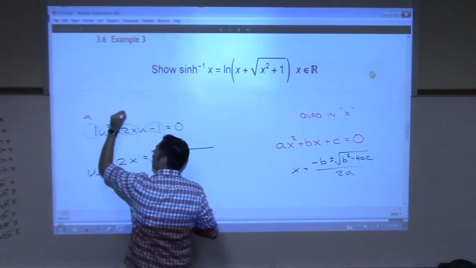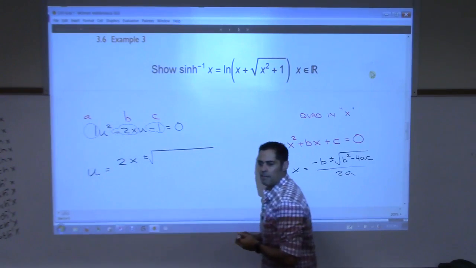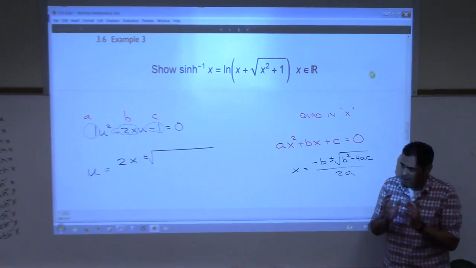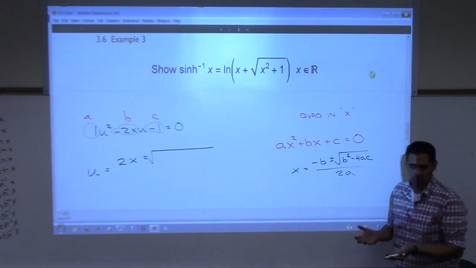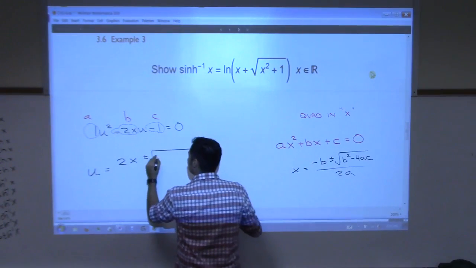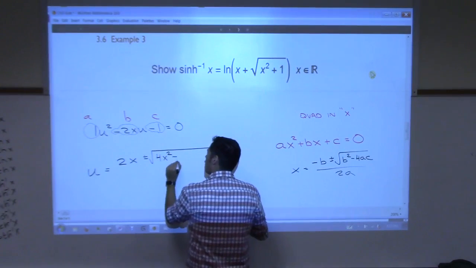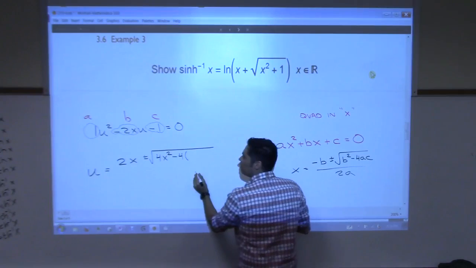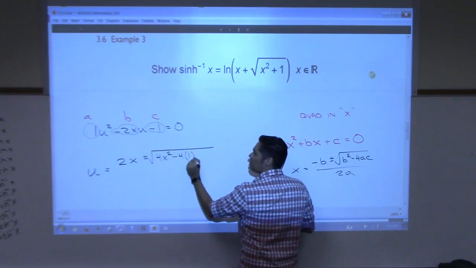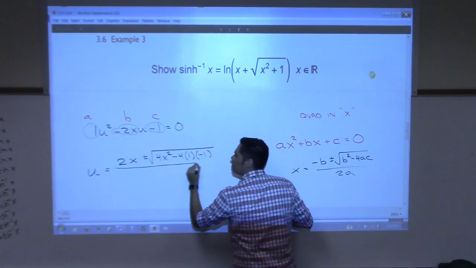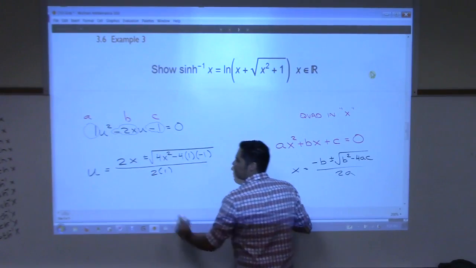That's a, that's b, that's c, right? So b squared is negative 2x, that quantity squared, which would be 4x squared, minus 4 times a times c, all over 2 times 1.